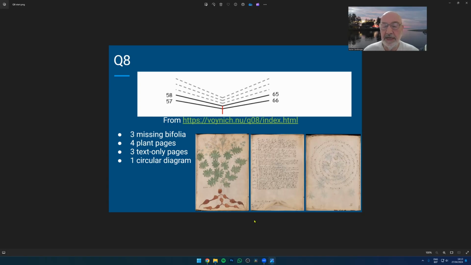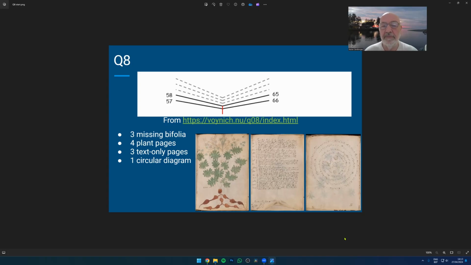This is probably more likely. And the funny thing is, until this point, all quires have 4 bifolios. So if there was just an indication that something was missing, the person would have guessed that only 2 would have been missing, obviously. But there are 3 missing. So this is the first point in the manuscript where we have a non-standard quire of 5, which is the same as the biological quire, by the way.